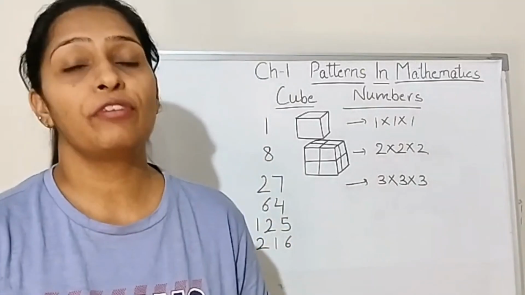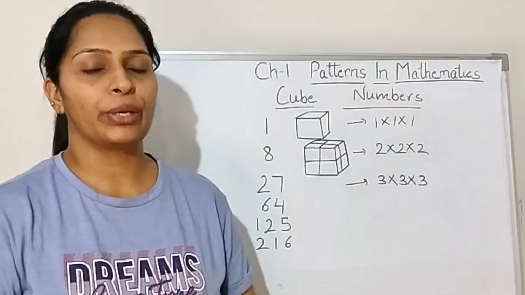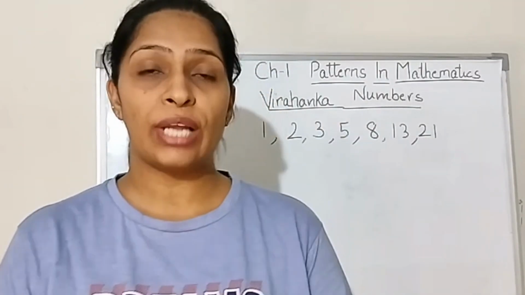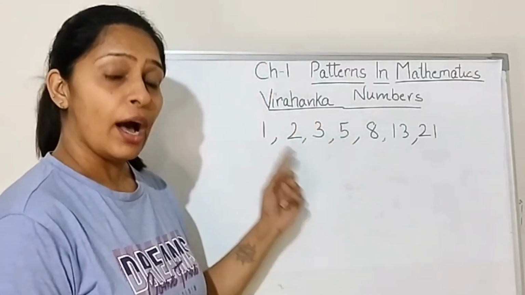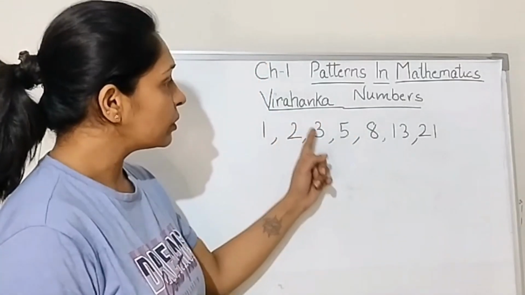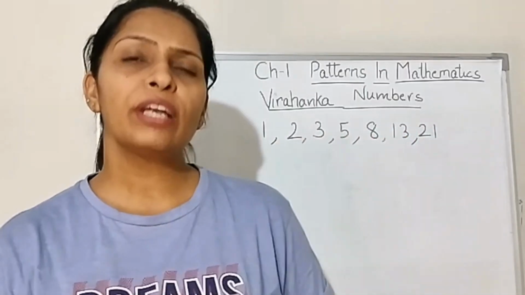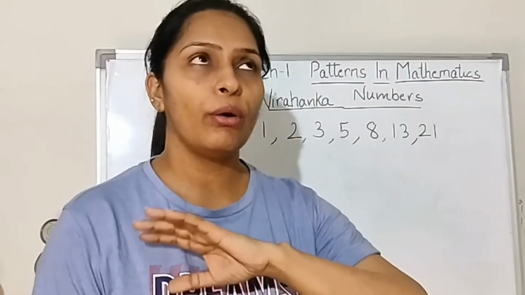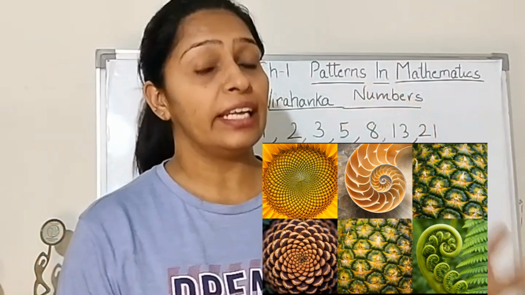And so on, you can find the next numbers in order to get the cube numbers. Virahanka numbers are also known as the Fibonacci series, and here it is: 1, 2, 3, 5, 8, 13, 21. You can find this Fibonacci series in so many places in nature.